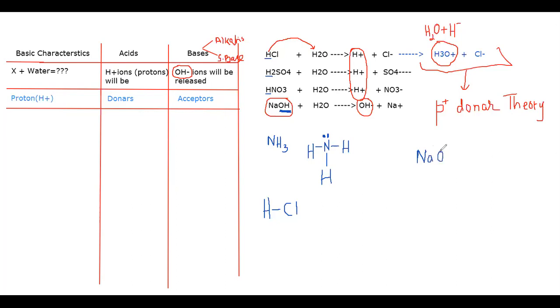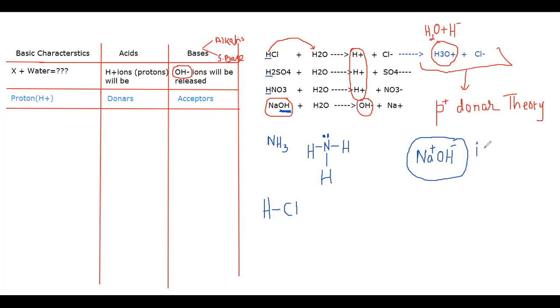They are basically ionic compounds. As you know, an ionic compound is usually found between positive and negative ions, and the positive ions are usually metals. Am I right? Is that clear? Sodium hydroxide is an ionic compound.